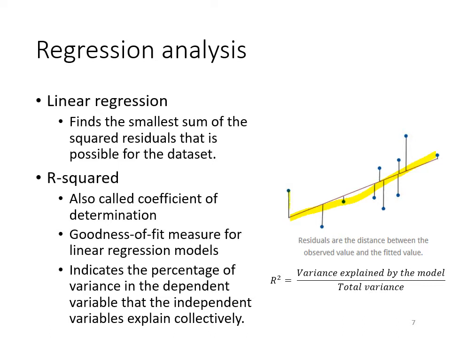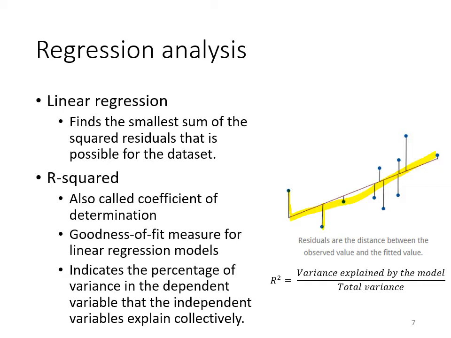So this is the difference between the data that we generated and the best fit line. And your linear regression line is the line where the square of these residuals is the smallest sum possible.